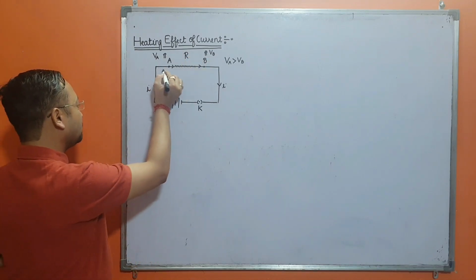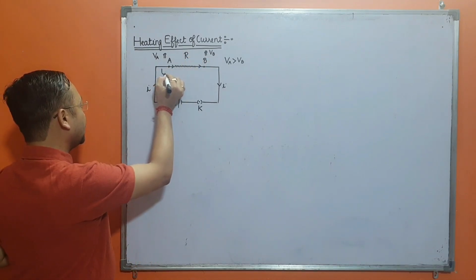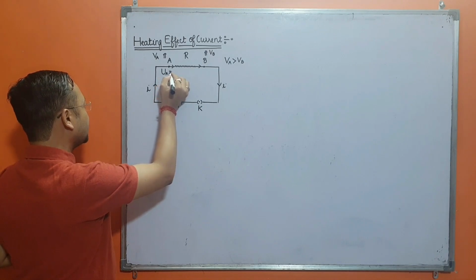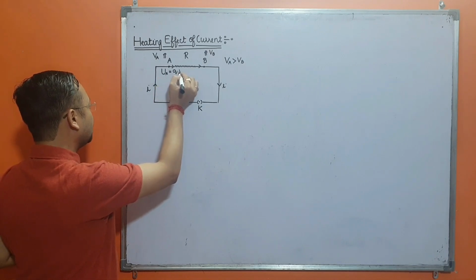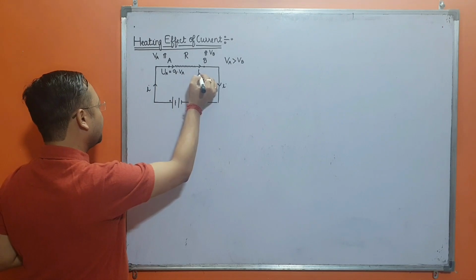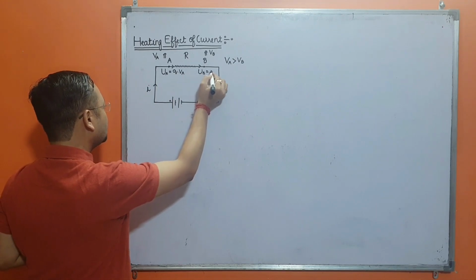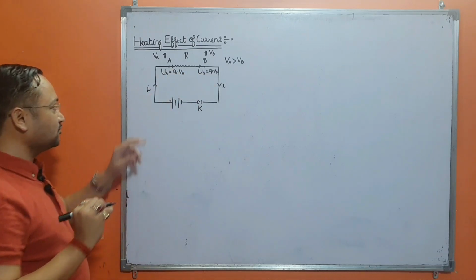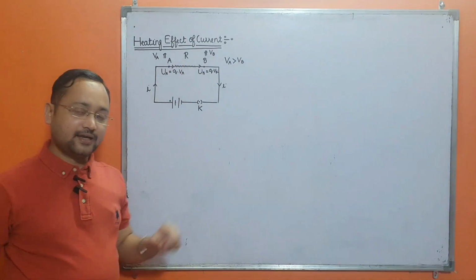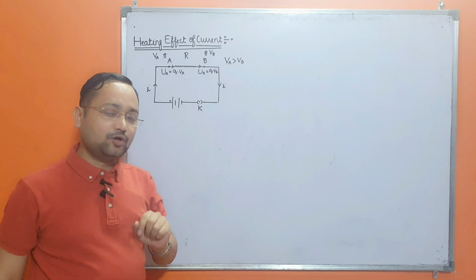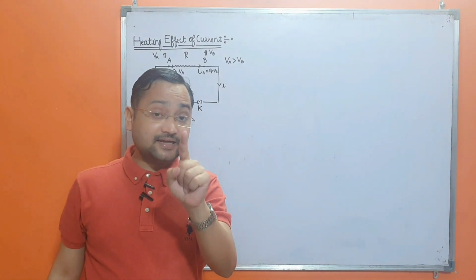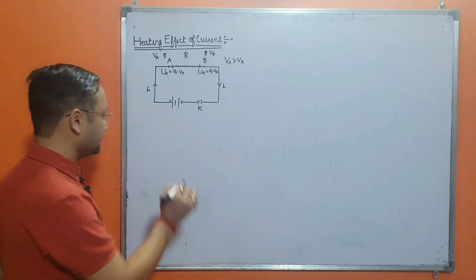The electrostatic potential energy of the charge at point A is charge multiplied by its potential, and at B, UB is equal to charge multiplied by the potential at this point. So when this charge is moving from point A to point B, from higher potential to lower potential, it means that there is a decrease in potential energy.